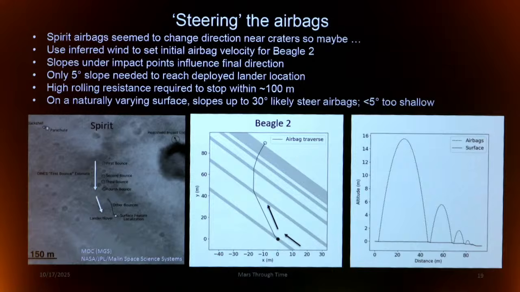So I thought maybe the surface at the Beagle 2 landing site might be a bit rougher than expected. I simulated the TARs and found that the angle of the slope needed was about 5 degrees, but with a more natural varying surface, the slope angle of the TARs could be anything above 5 degrees, really, but most likely around 30 degrees.